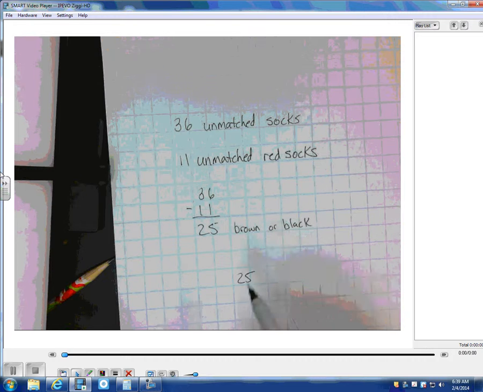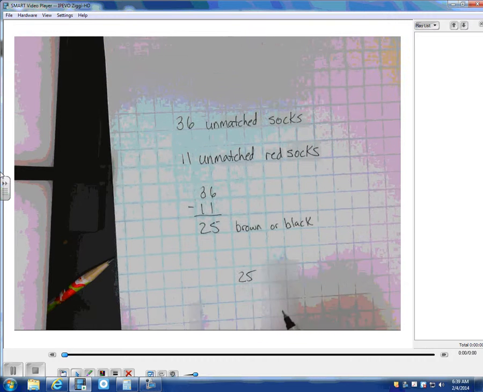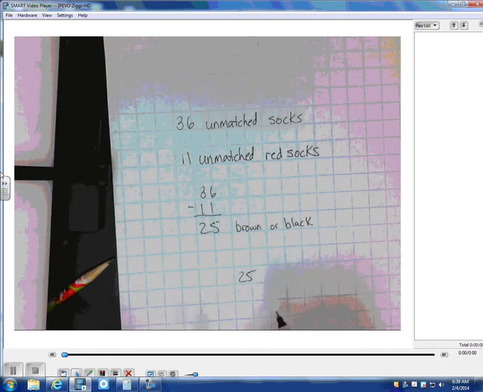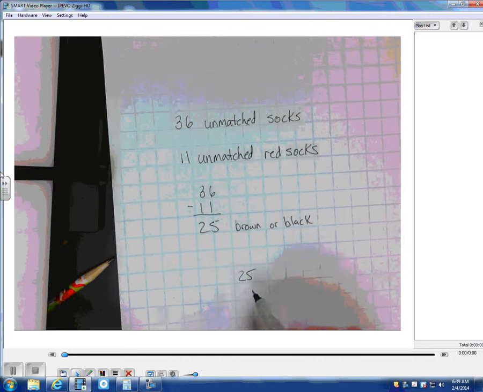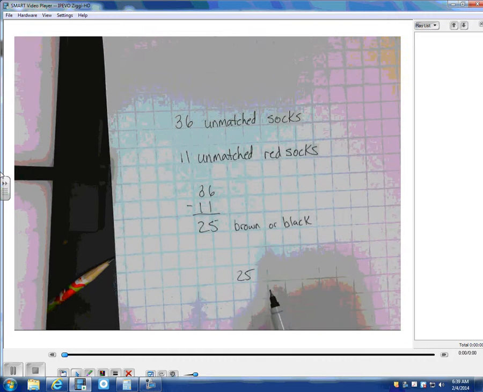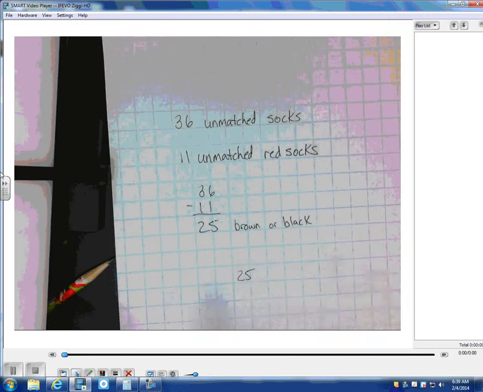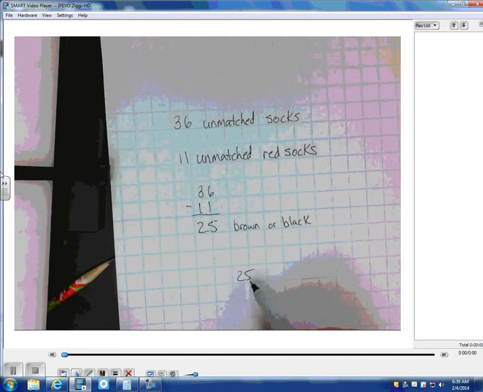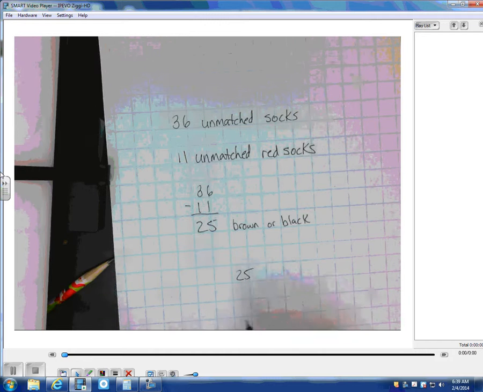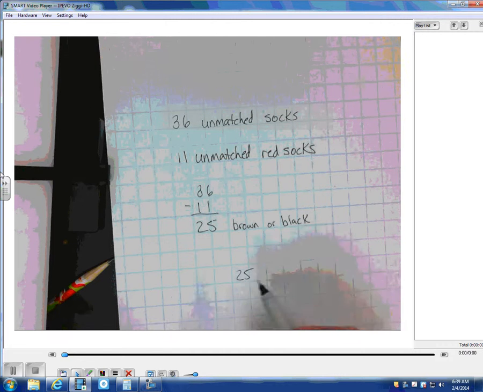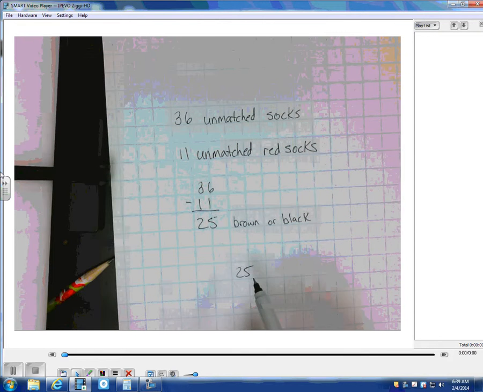So I need to ask myself, because I only have 25 socks. If you think, well, I have to multiply, that's going to give you a high number. I only have 25. So I'm not going to have 50, I'm not going to have 100. If you multiply 25 times 4, you're going to get 100. That's no good because 25 is what I have left. So I'm going to do a division problem.